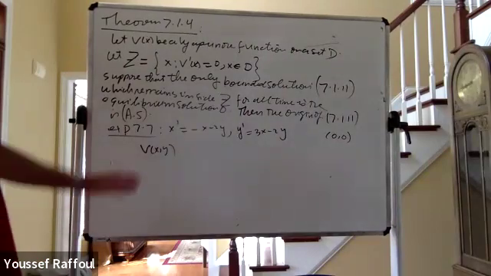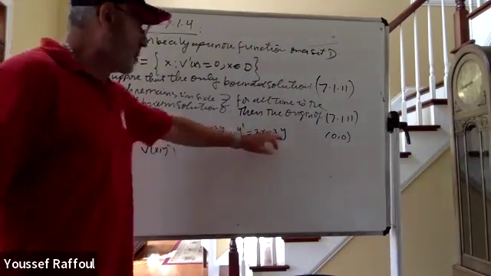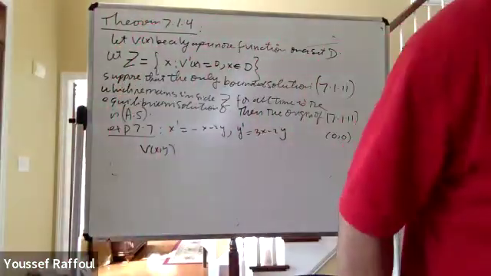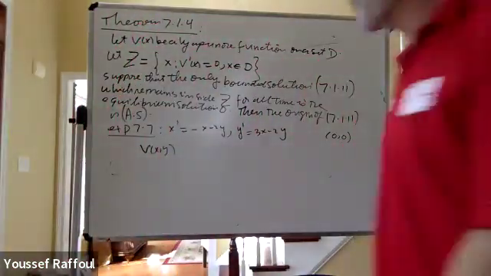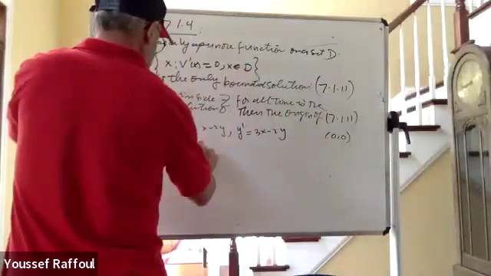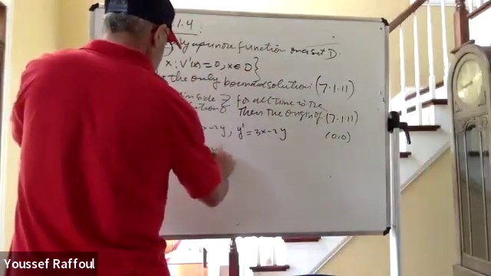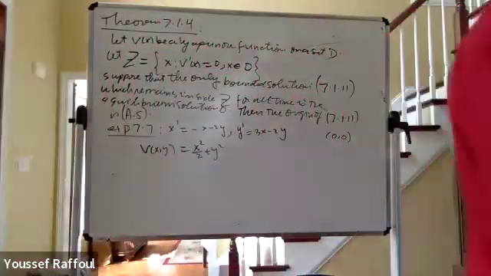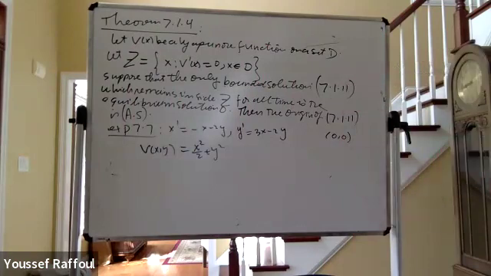Because you solve for it here, you get x equals 0, then you get y equals 0. So (0, 0) is the only equilibrium solution. So go ahead and compute the derivative. First of all, make sure this is positive definite and compute the derivative and see what you get. Take a few minutes and do that.